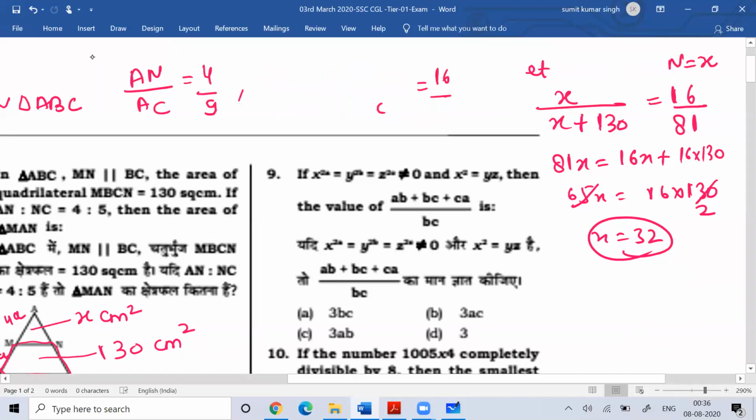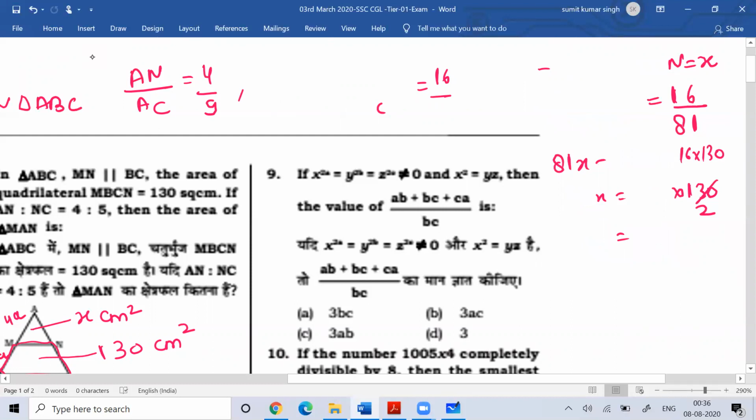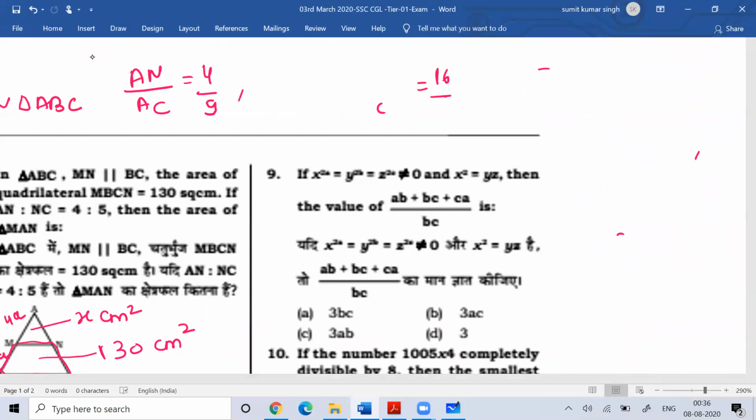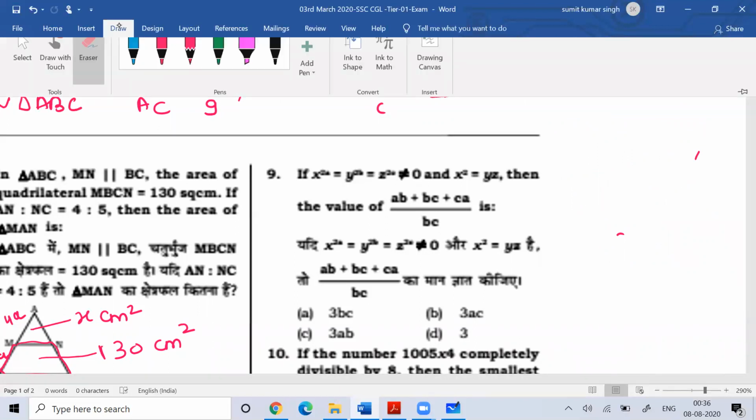Now see this, I think there would be a problem. You could not be able to understand this problem. So I'll write down this problem for you to make you understand what this problem is all about. There would be a problem in visibility. So this problem is like this.